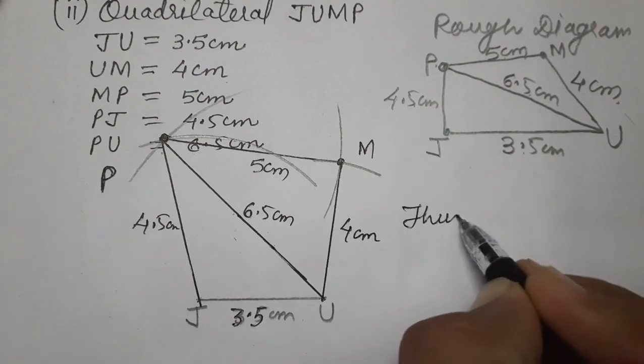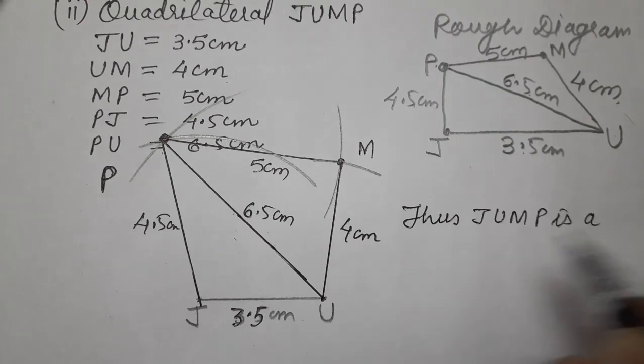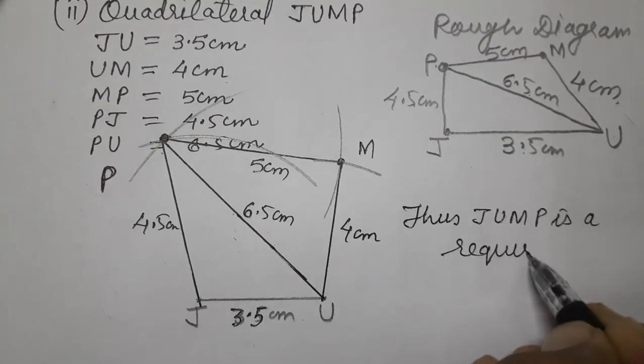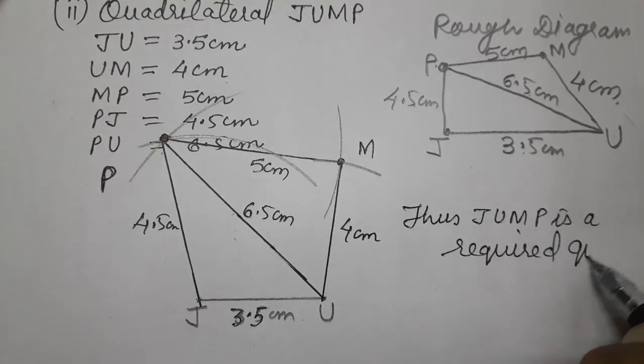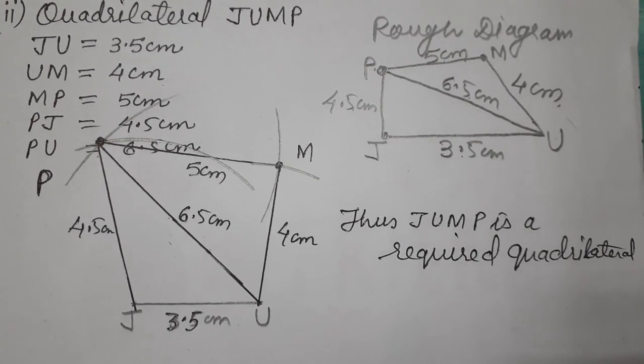Thus JUMP is the required quadrilateral. Now we are going to do the second part. Now we are going to construct the third part of it.